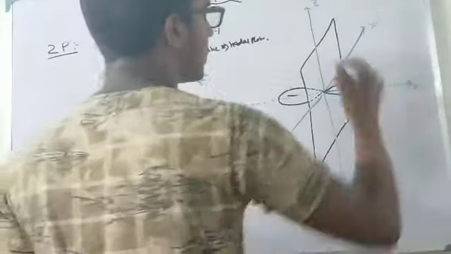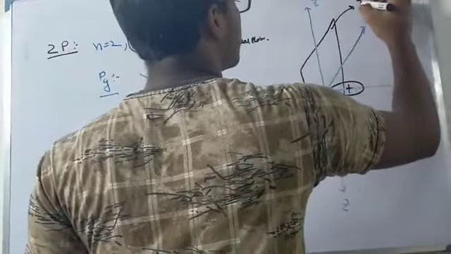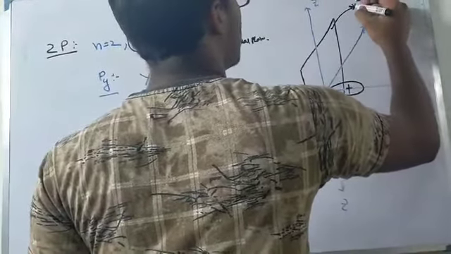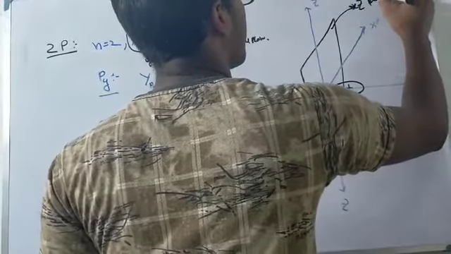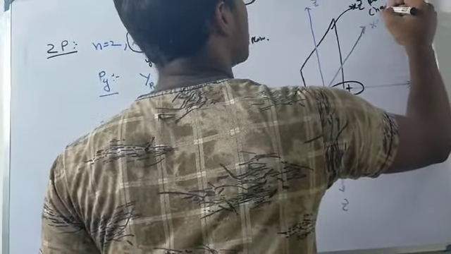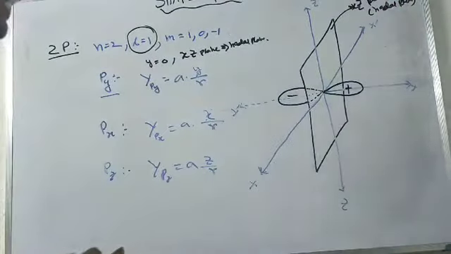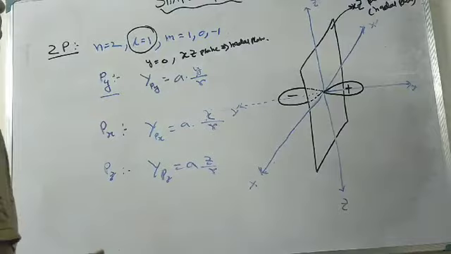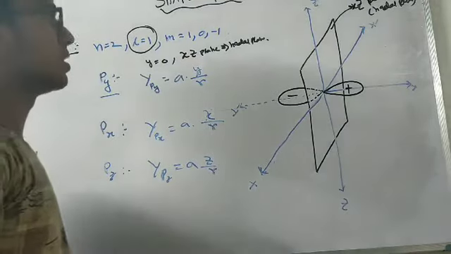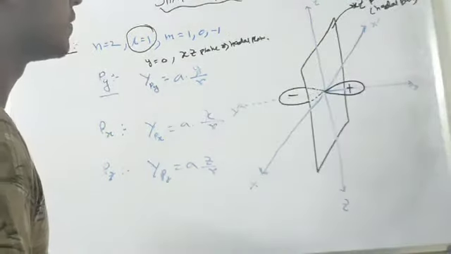This is the phase of the orbital, and this is the xz plane node, the nodal plane. So this is the shape of the py orbital.